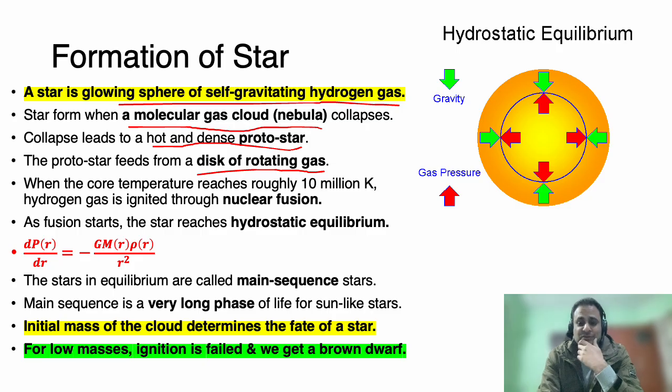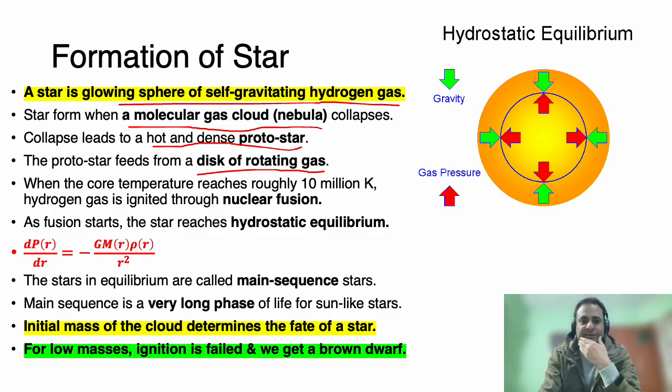In the start, the collapse is happening, then the disk is formed, and then this protostar can keep eating more and more gas from the disk. So now we have a collapsing object in a cloud of gas.